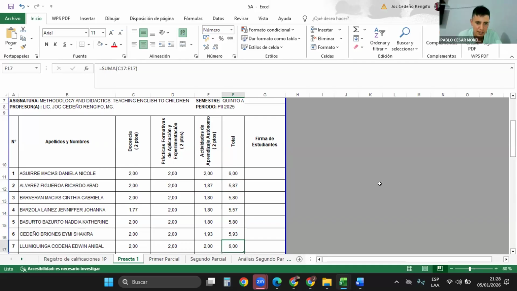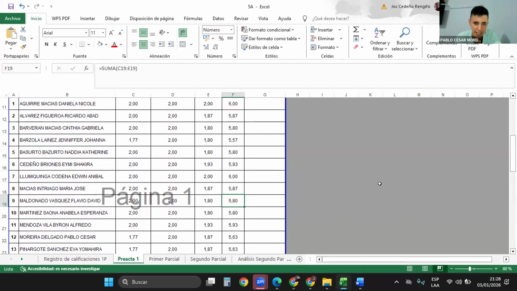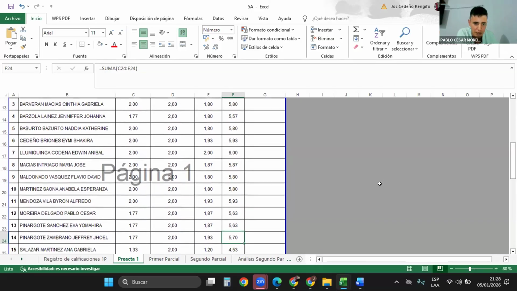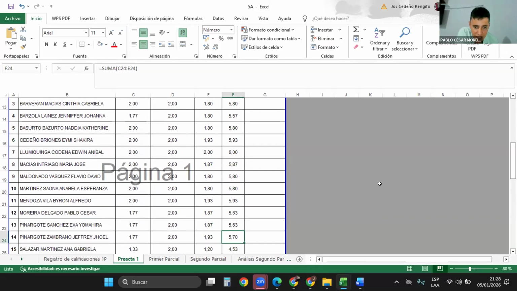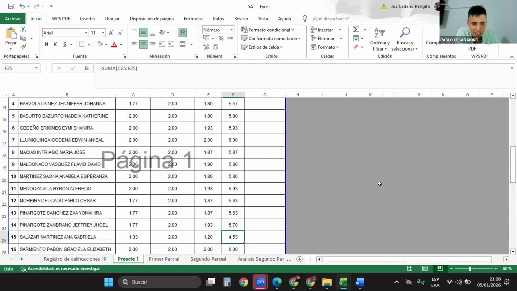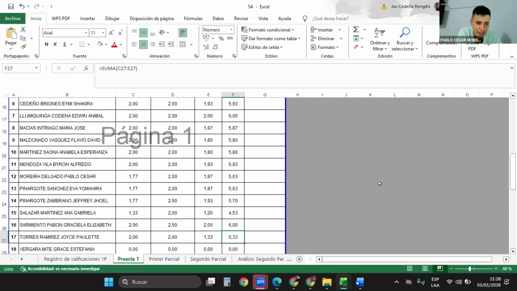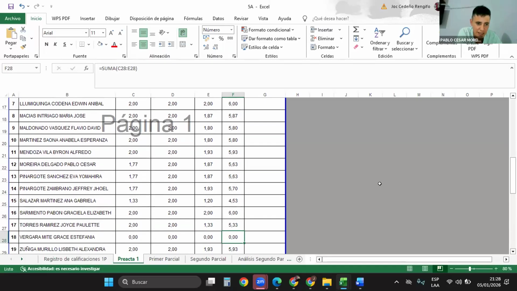Cedeño Briones, 593. Yumikinga Codena, 6. Macías Intriago, 587. Maldonado Vázquez, 580. Martínez Saona, 580. Mendoza Vila, 593. Moreira Delgado, 563. Pinargote Sánchez, 563. Pinargote Zambrano, 570. Salazar Martínez, 453. Sarmiento Pavón, 6. Torres Ramírez, 533. Vergara Mite, 0. Zúñiga Murillo, 593.